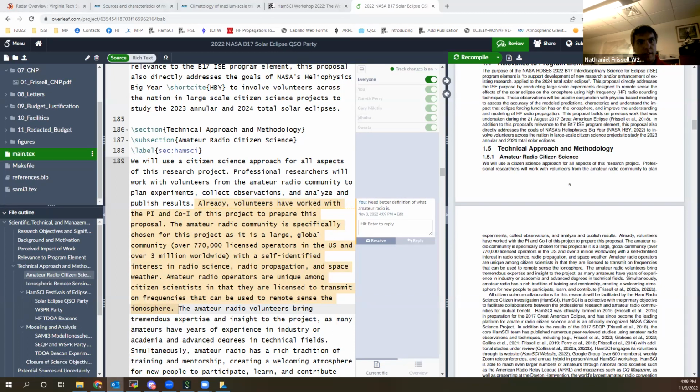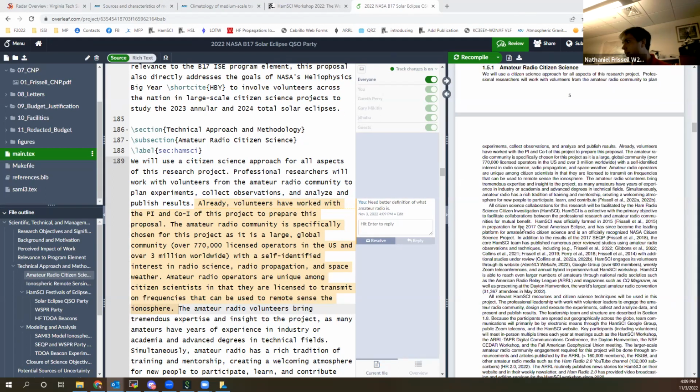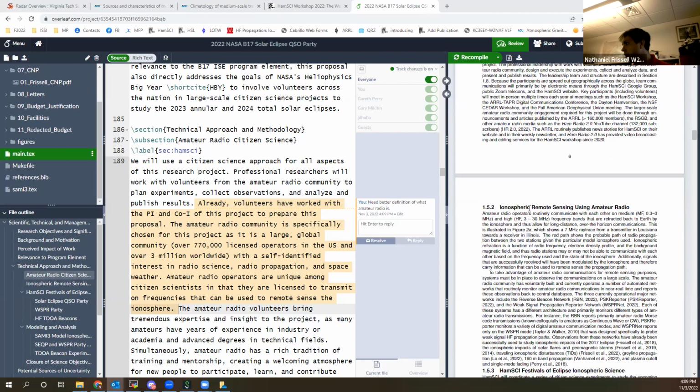And let me also double check. So Gwen thinks by the time we get to section 1.5.2, he doesn't think there's a need for the first paragraph of this section.